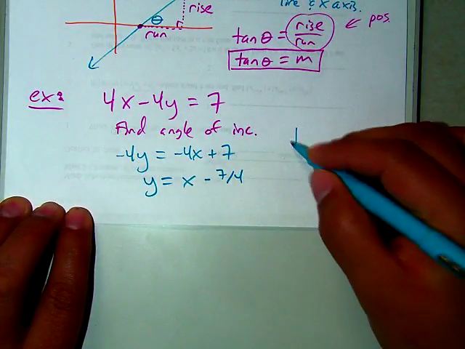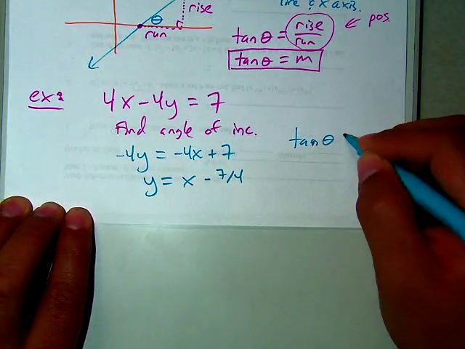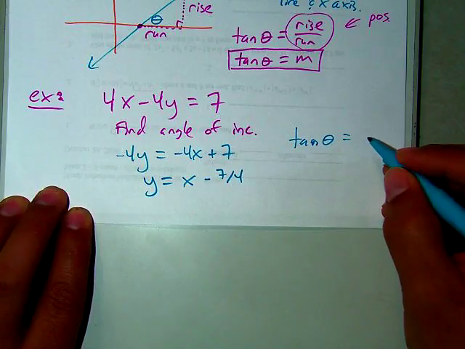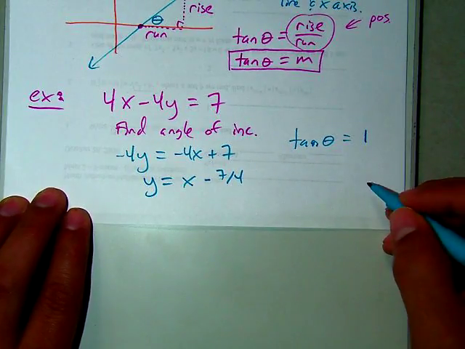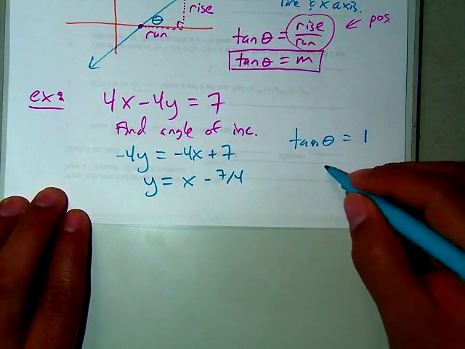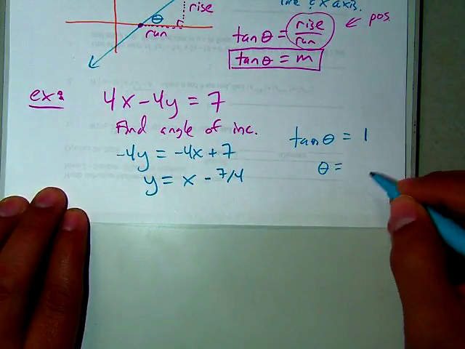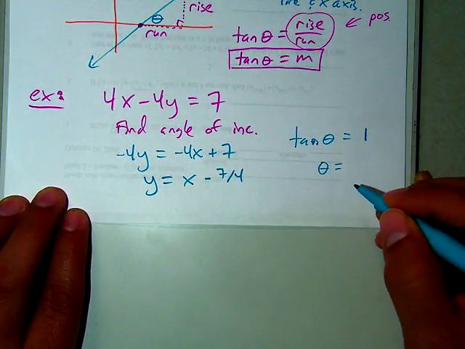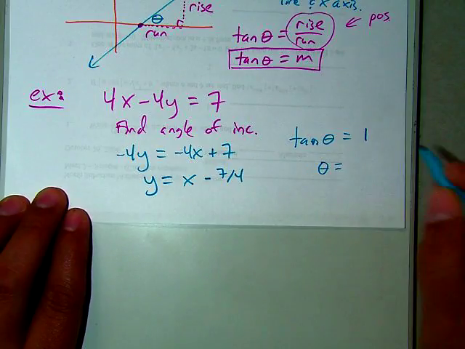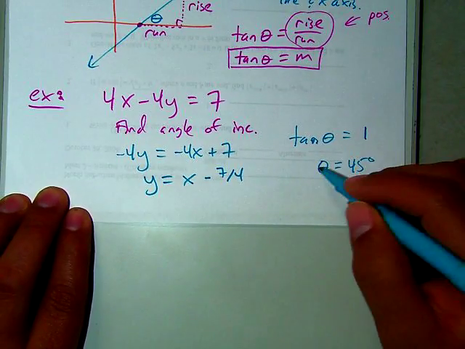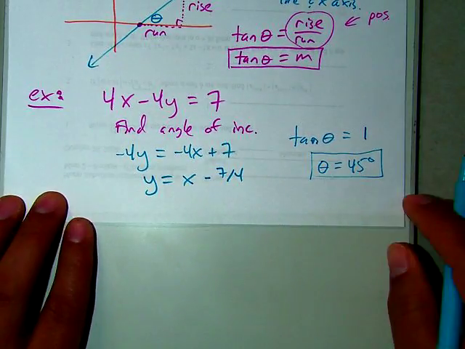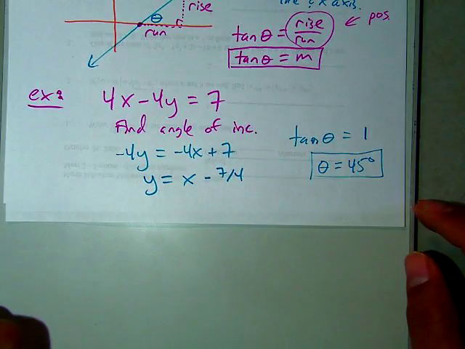And now really all I care about here is the slope, right? So the tangent of theta would be equal to what? To 1. And if you remember your unit circle value, you should be able to tell me what angle that is that has a tangent of 1. Pi over 4, otherwise known as 45. Good. It's acute, yeah.